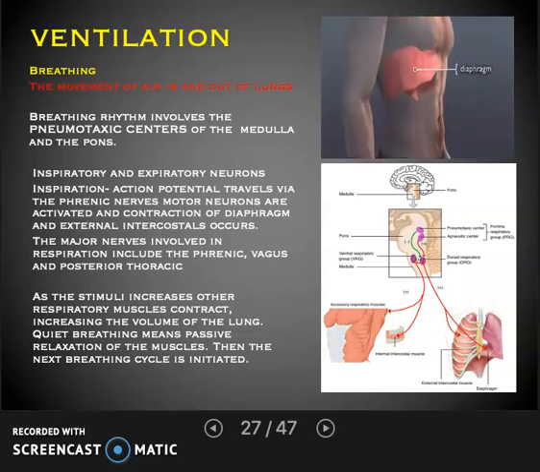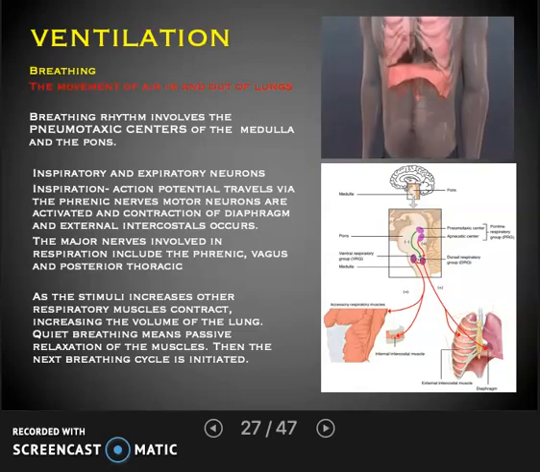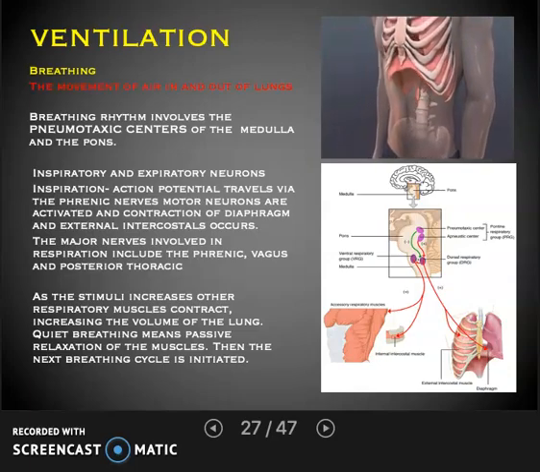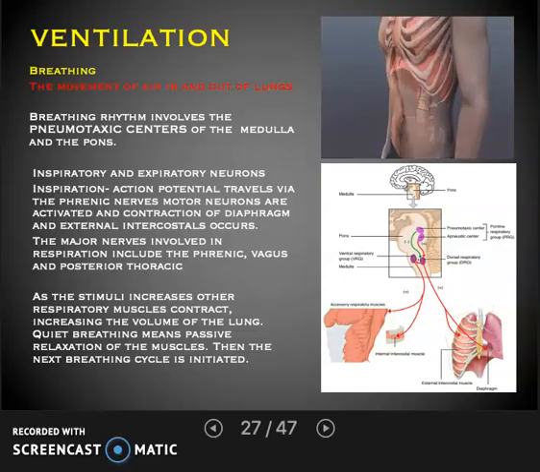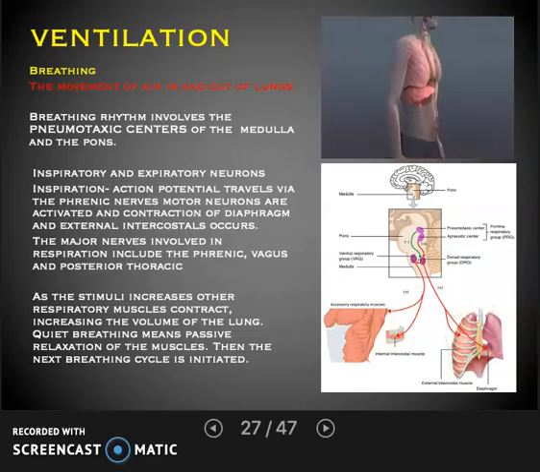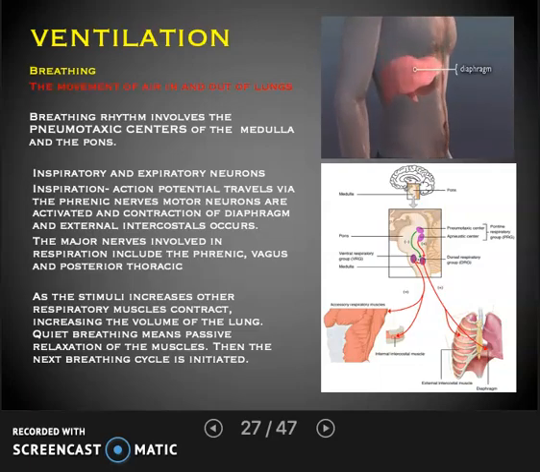Okay, so there are inspiratory and expiratory neurons, and so those inspiratory neurons fire action potentials via the phrenic nerves and motor neurons traveling down to activate the contraction of the diaphragm, and then also the external intercostals. Okay, so if you remember, the intercostals are those muscles that weave into the rib cage.